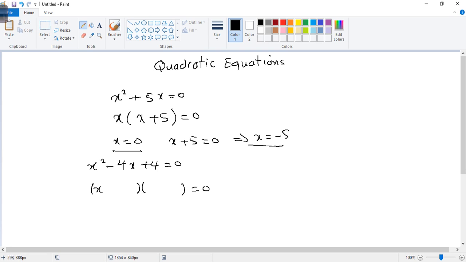X squared is x times x, 4 is 2 times 2, and here the sign is minus, because minus 2 times minus 2 gives us plus 4, and minus 2x gives us minus 4x. So from here, x minus 2 equals 0, that will lead to x equals 2, and x equals 2 the same twice.